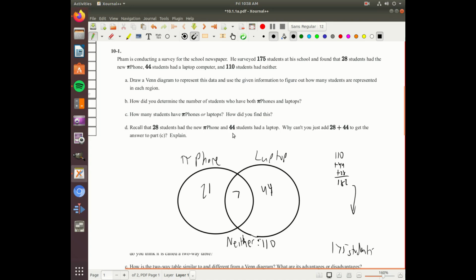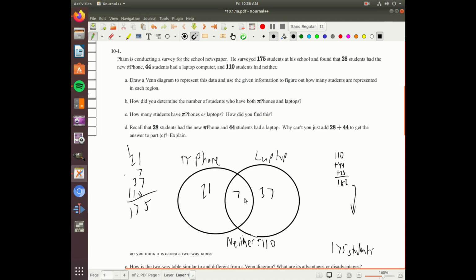I still have the issue with the laptop because 7 plus 44 is 51, so I'm going to need to change this number to 37. Now, if I add up 21 plus 7 plus 37 plus 110, I get 175 students. So this is what our Venn diagram wants to look like.